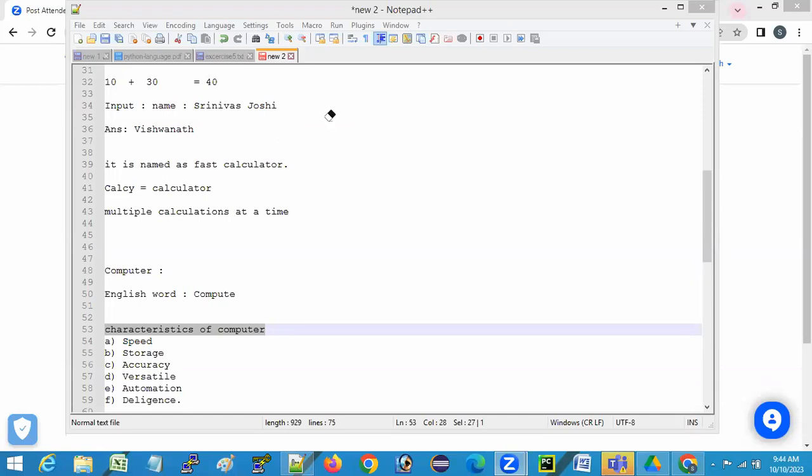We have the minimum speed, whereas the computer has a speed of 3 lakh kilometers per second. That much speed your computer will work. So that's why we are all behind the computer.